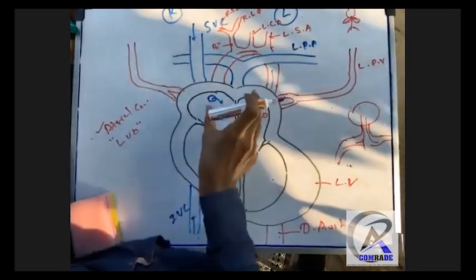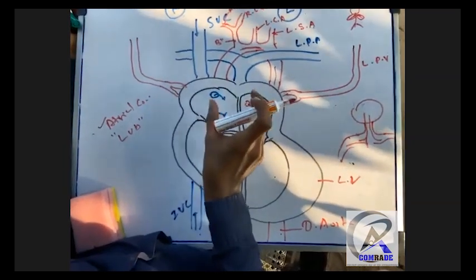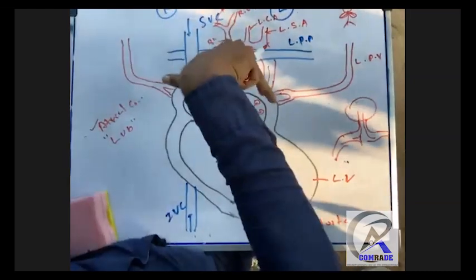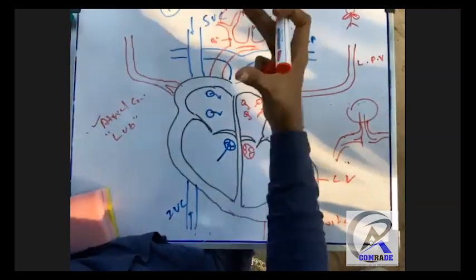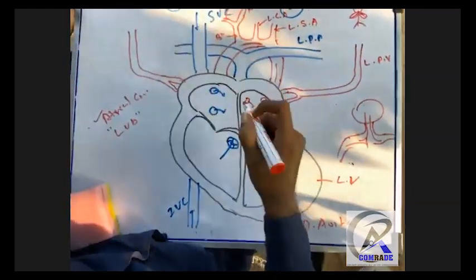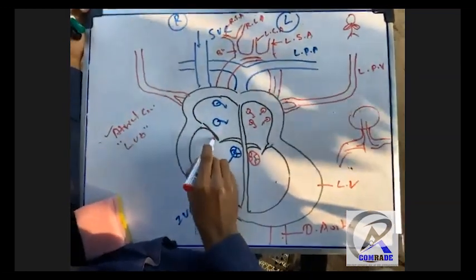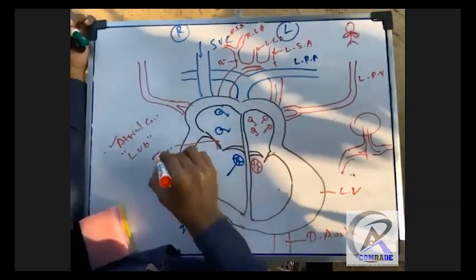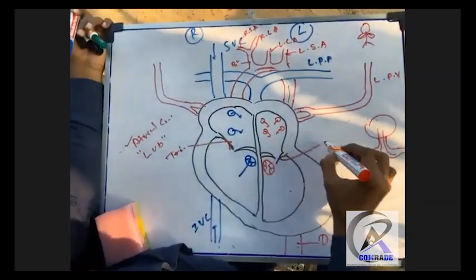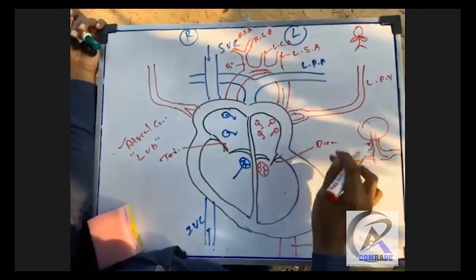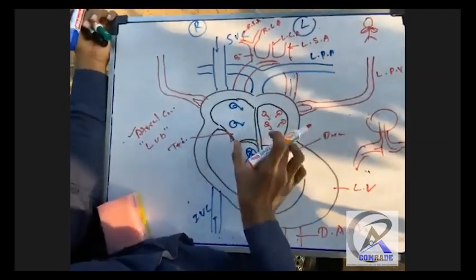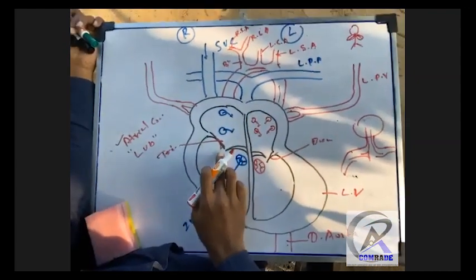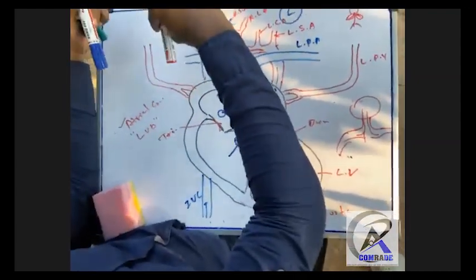When it can't exceed its limit, what's happening? Both atria contract like this. When they contract, these two valves open. The right side is the tricuspid valve, and this side is the bicuspid valve. Both open when the atria contract.